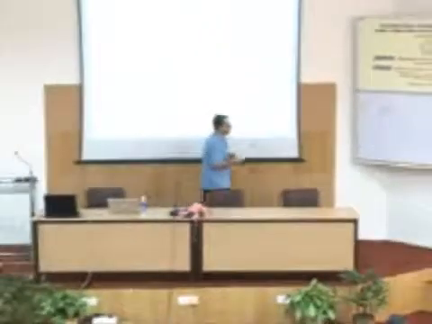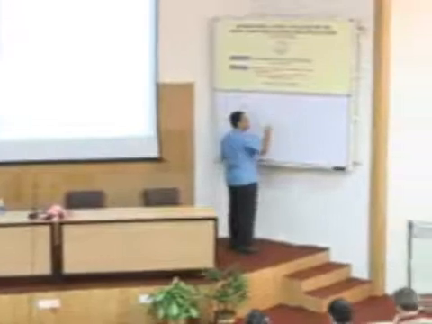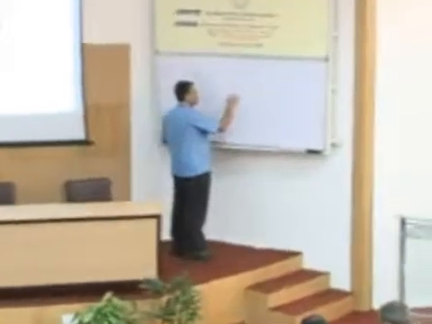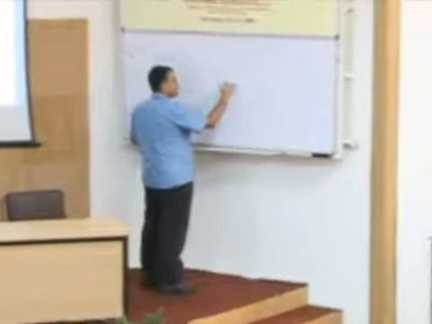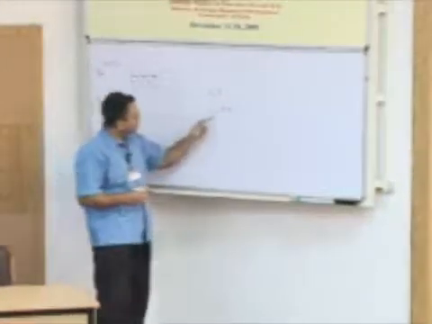Another way of looking at it is to consider two random variables, let's say x and y, which have a joint probability distribution. Now you want to get the distribution of x.